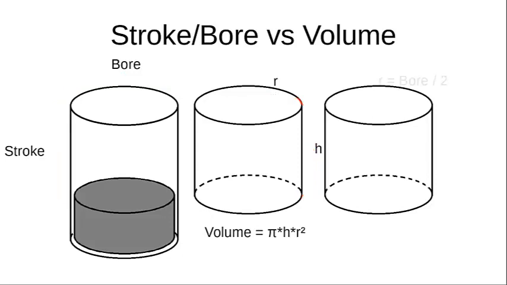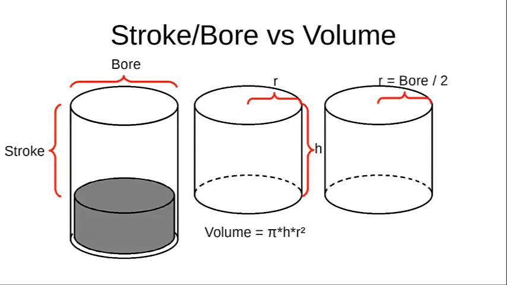In terms of engine lingo, the radius is the bore divided by 2, because the bore is the diameter, and for the volume calculation we only need the radius, which explains the divide by 2. And of course, the height of this cylinder would be the stroke.